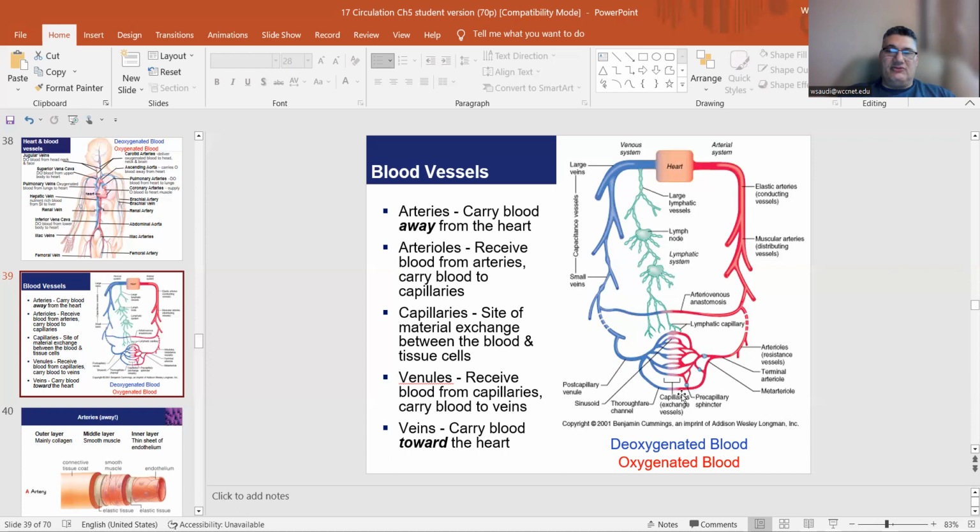I told you that the fluid leaves loaded with the good stuff and then comes back loaded with the bad stuff. Not all of it goes back. Part of it goes here, the lymphatic system, to be cleaned.